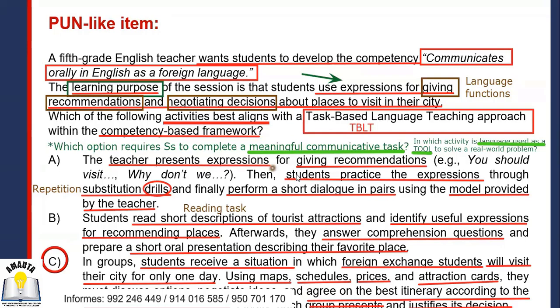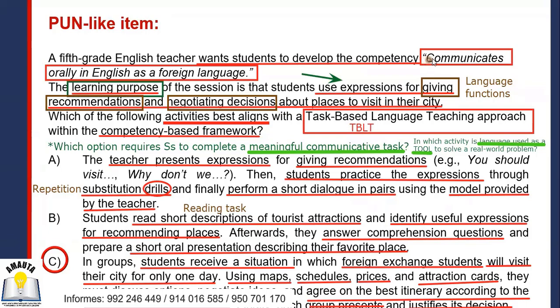And when they model a dialogue, no, it's not the best answer. What about the second distractor, the one in letter B? Here the students read descriptions, answer some questions, give a presentation. This activity focuses on the reading skill.